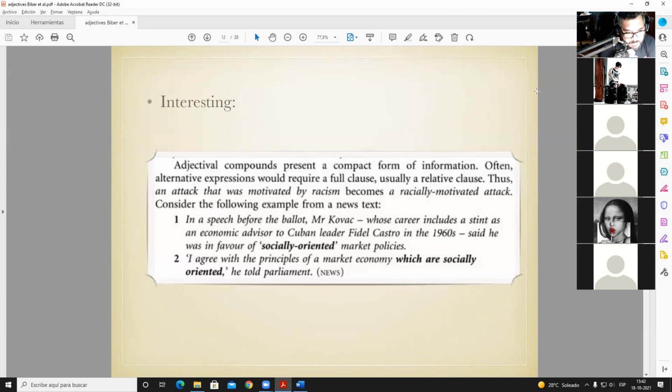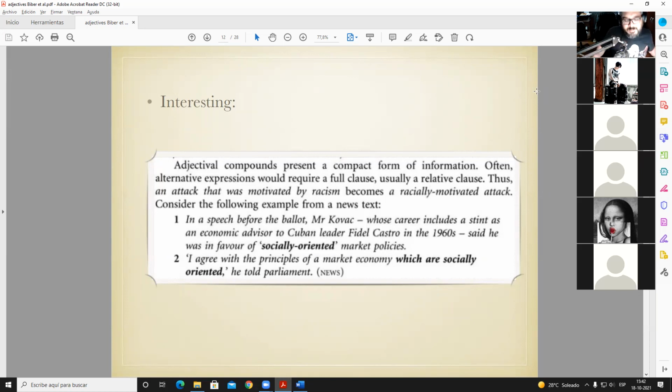Consider the following example from a news text. In a speech before the ballot, Mr. Kovac, whose career includes a stint as an economic advisor to Cuban leader Fidel Castro in the 1960s, said he was in favor of socially oriented market policies. "Second, I agree with the principles of a market economy which are socially oriented," he told Parliament.